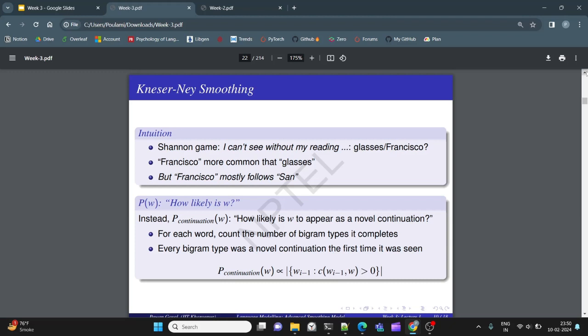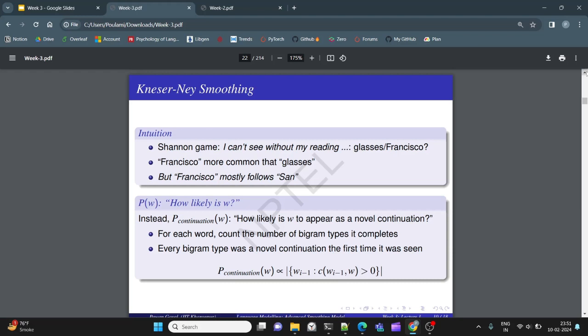So let's discuss Kneser-Ney smoothing. Here the intuition is that let us again consider the Shannon game. We take the sentence, I can't see without my reading, dot dot dot. Here we have to predict the next probable word.